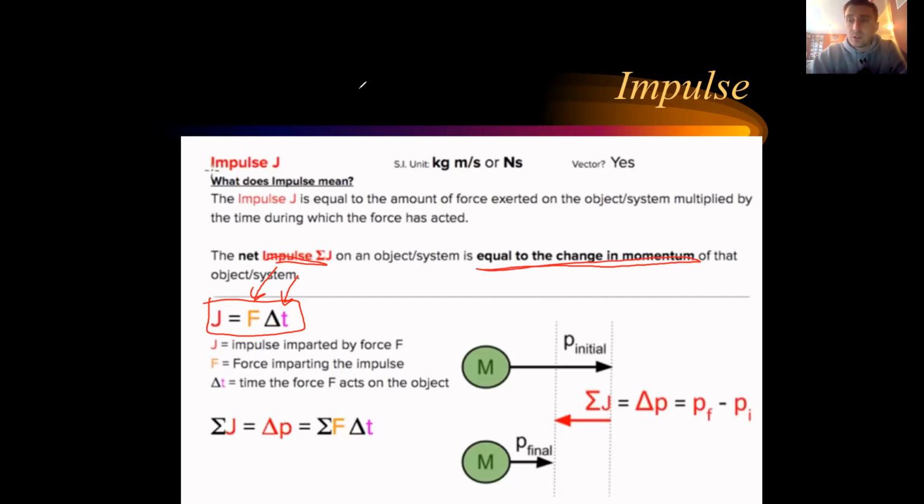I'm going to show you how we derive that a little bit later, but all you've got to remember is impulse is J. It is a vector, so it's positive or negative. Our equation is F delta t. And I'll go into how it becomes this in a second, okay?